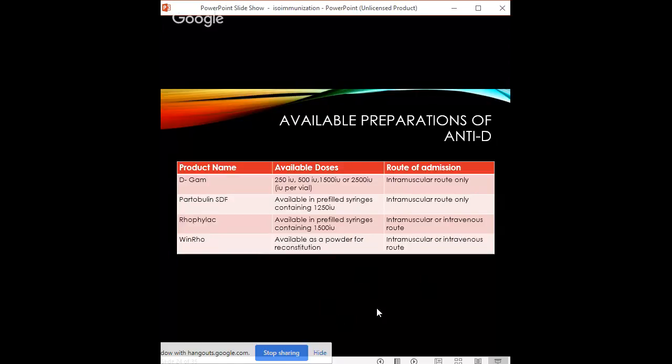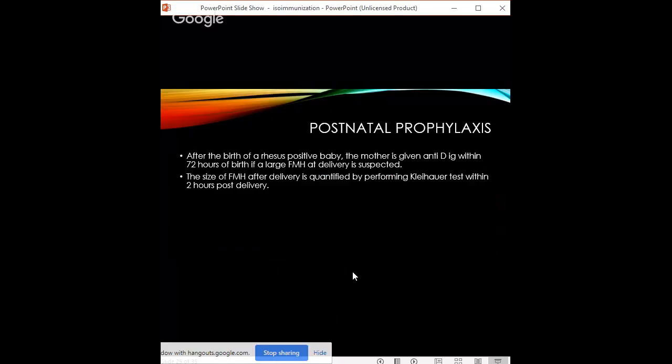Right. As you can see, two of the formulations here can be given intramuscularly, and two can be given both intramuscularly or IV. They're available in either pre-filled syringes or, in this case, as a powder for reconstitution. So how would you normally plan to give anti-D?